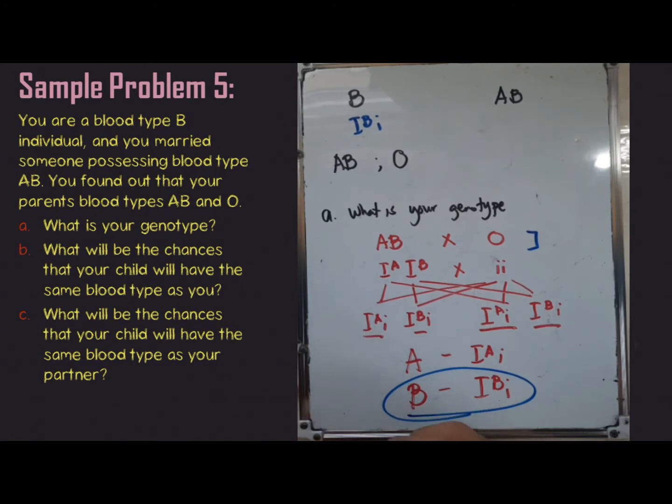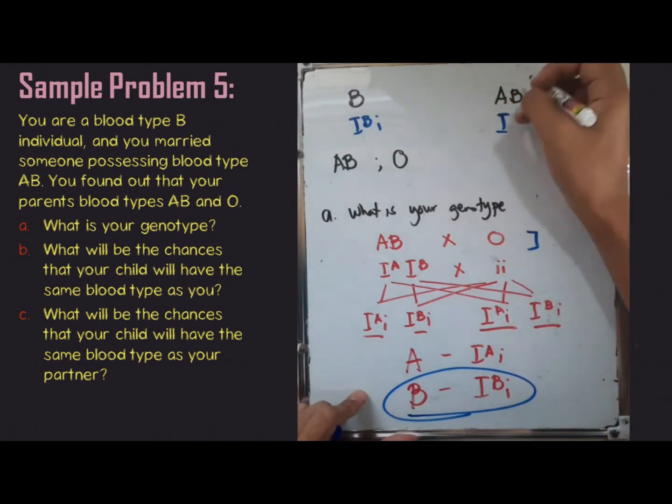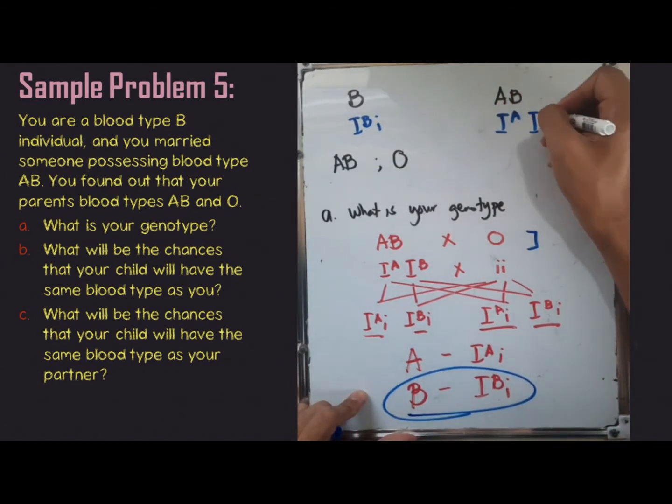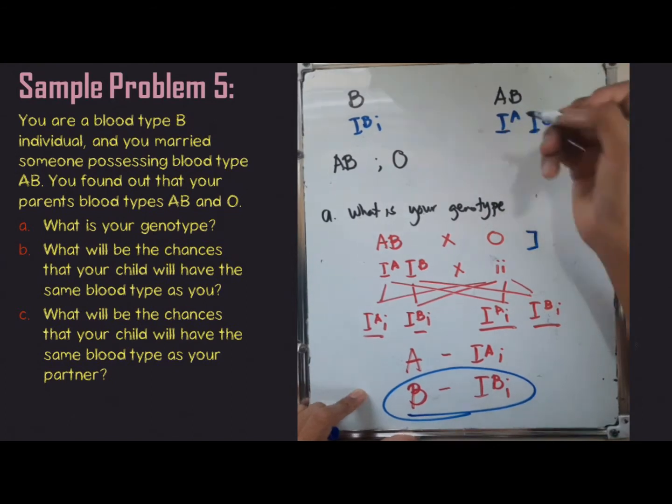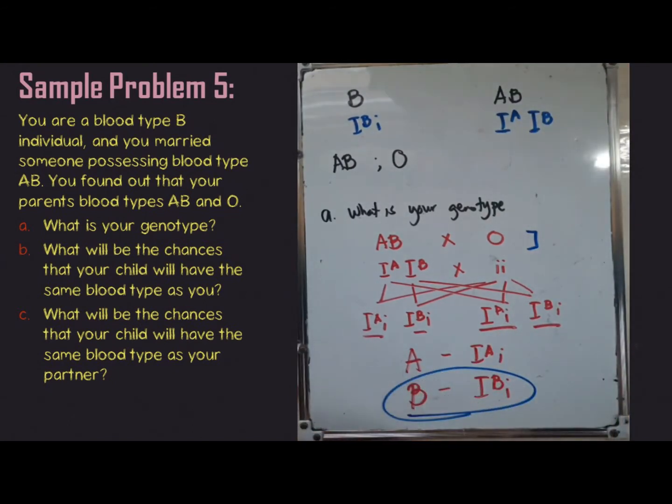Okay? While your partner, he or she possesses codominance of blood type A and blood type B.